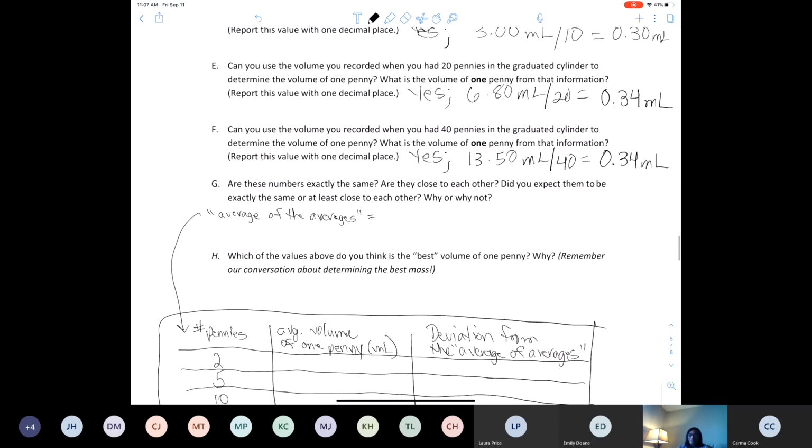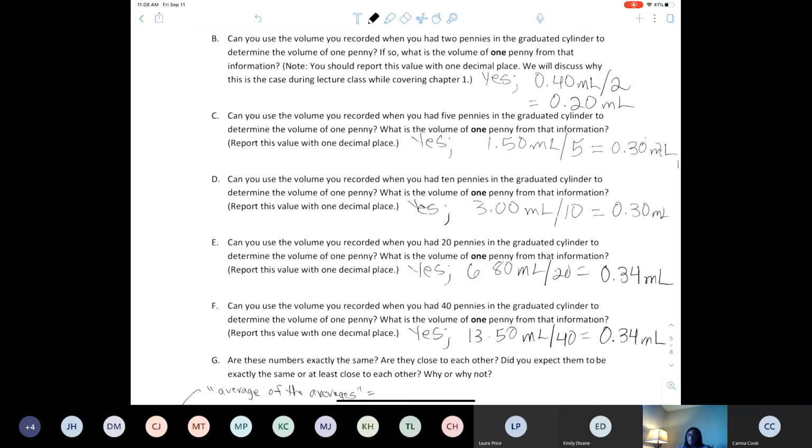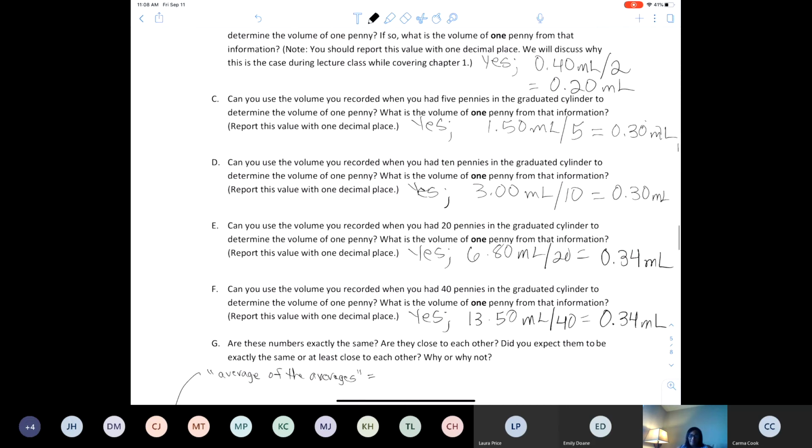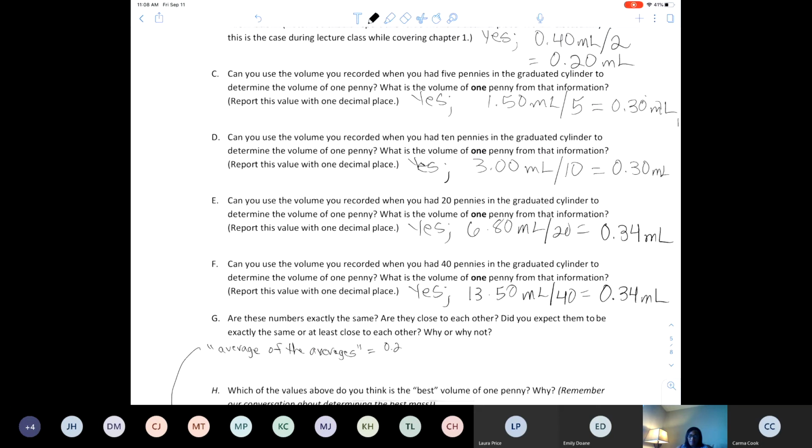We can get the average of averages. We take these 5 averages, add them together, and divide by 5. Add those averages together and divide by 5.